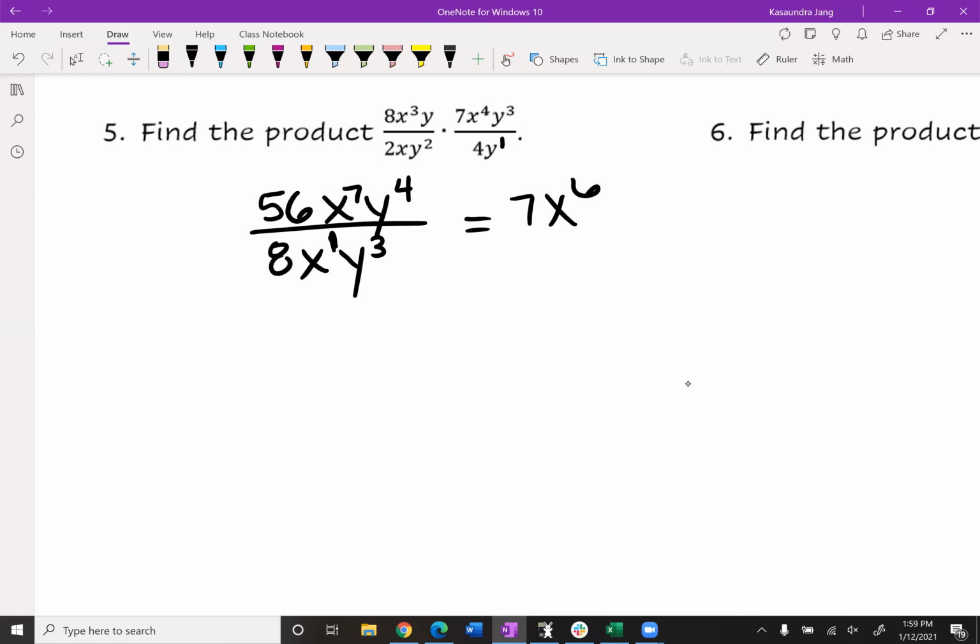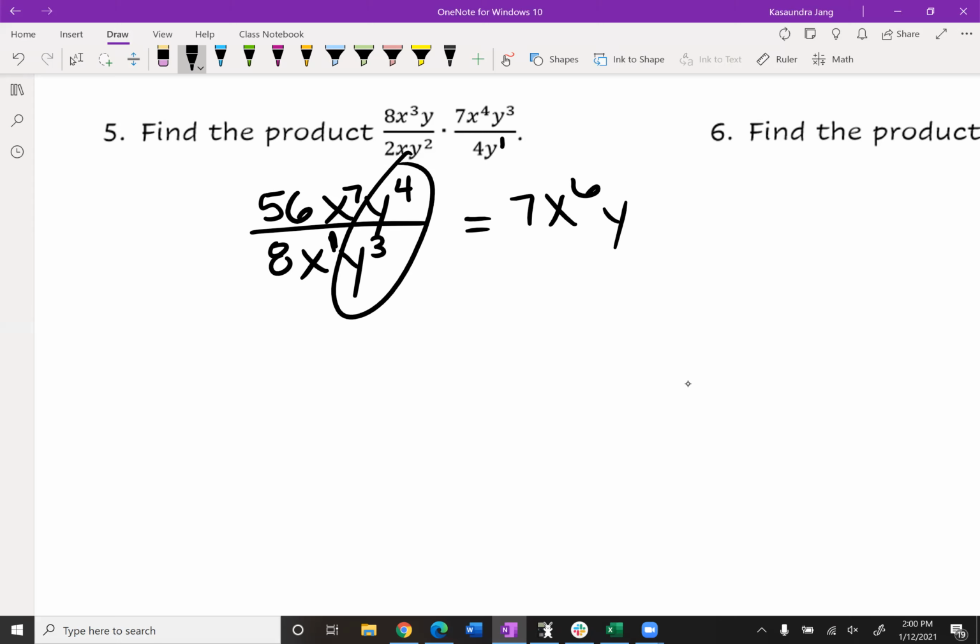What about your y's? Let's deal with the y's now. Y to the 4th over y to the 3rd. What do I get for my y's? Okay, so just straight up y, like y to the 1st.